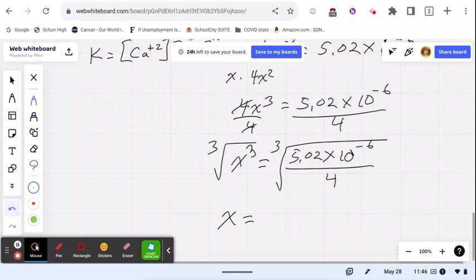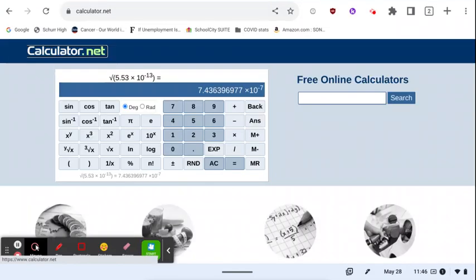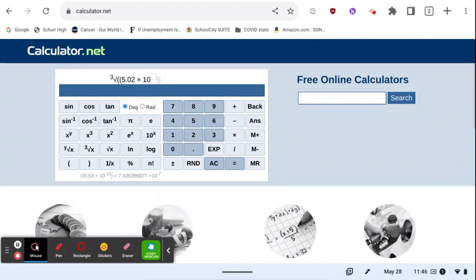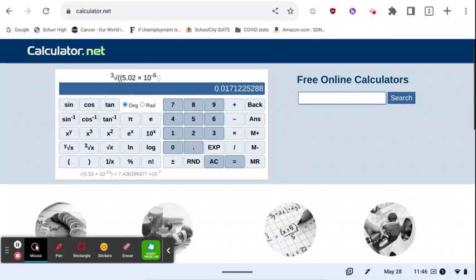Let's do that on our calculator: cube root of, parentheses, 5.02 times 10 to the negative 6, divided by 4, and close the parentheses.